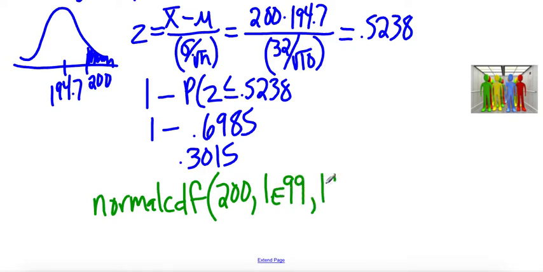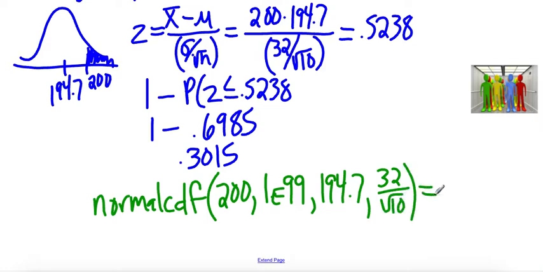Our mean is 194.7. And our standard deviation of our sample is the 32 divided by root 10. So we plug that all into the calculator, and the calculator tells us 0.3002, which you can see is slightly different than doing it by hand, but it's pretty close.